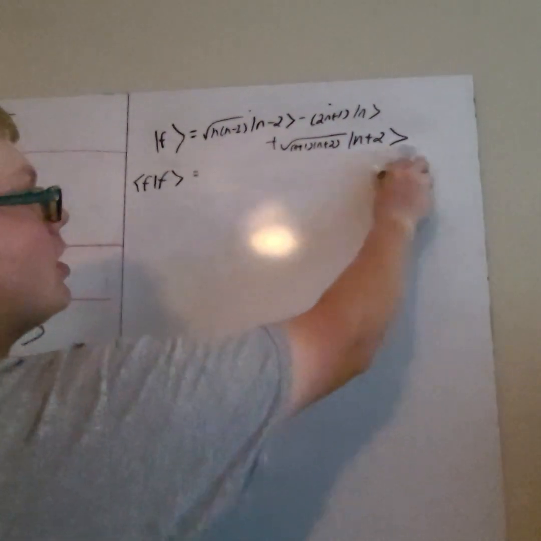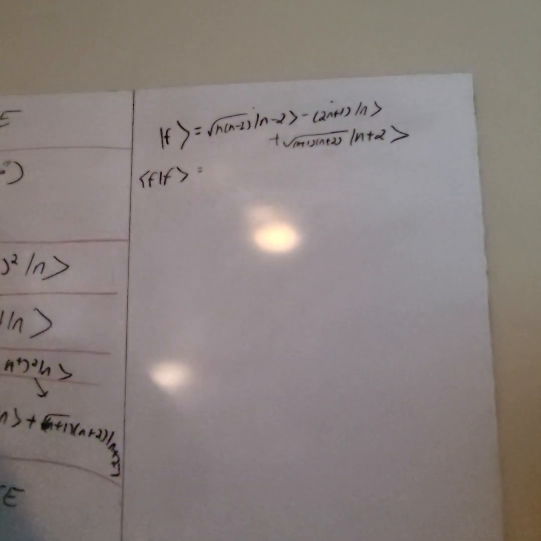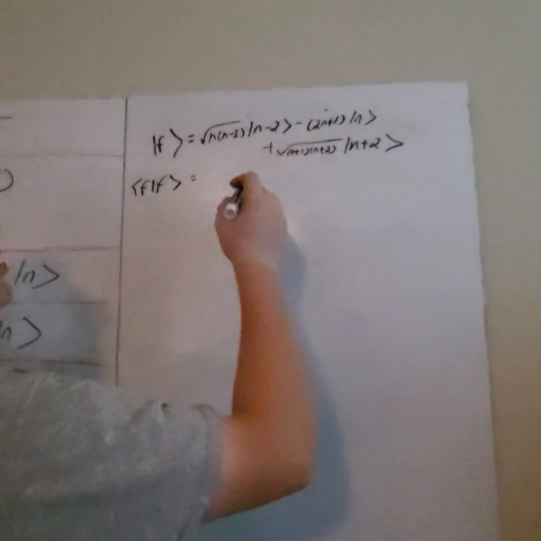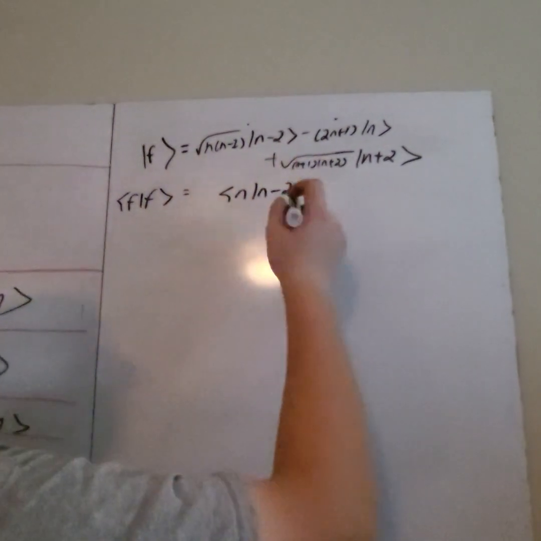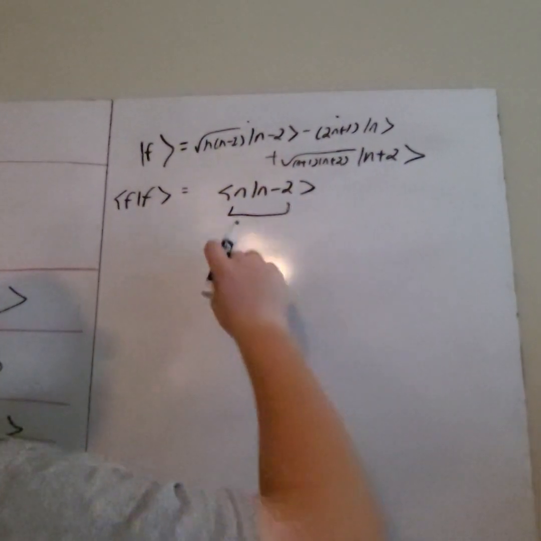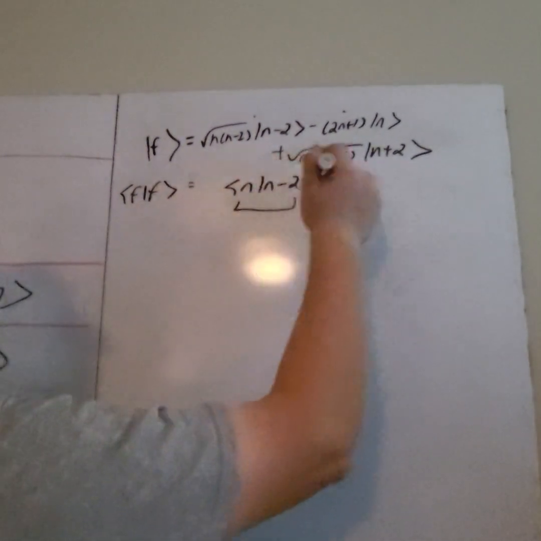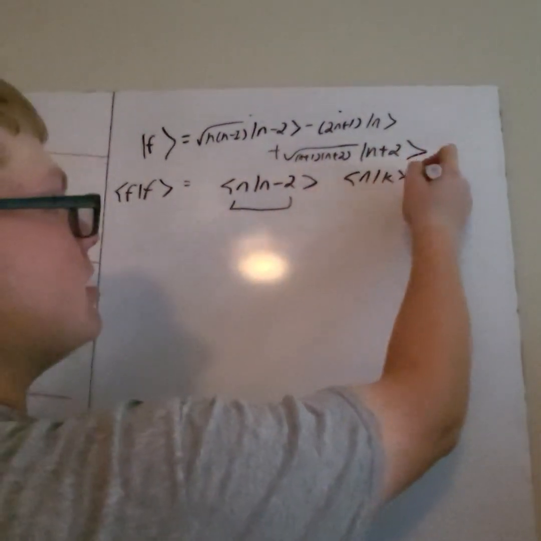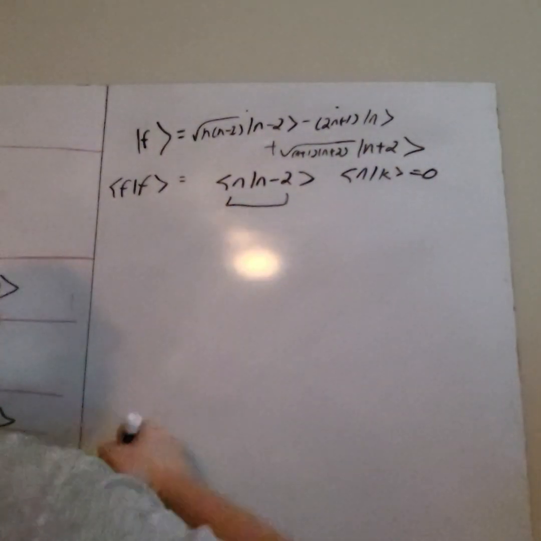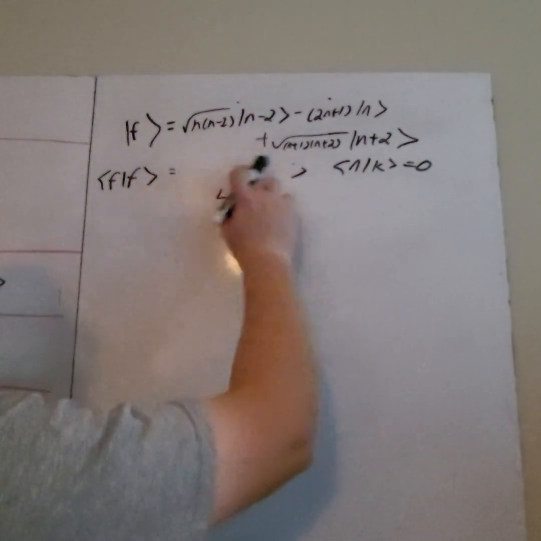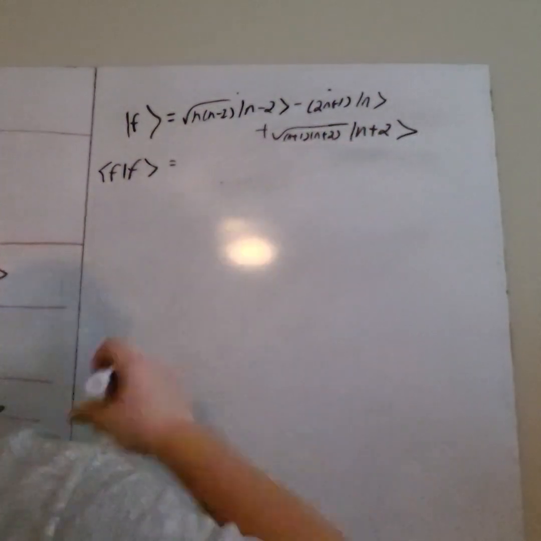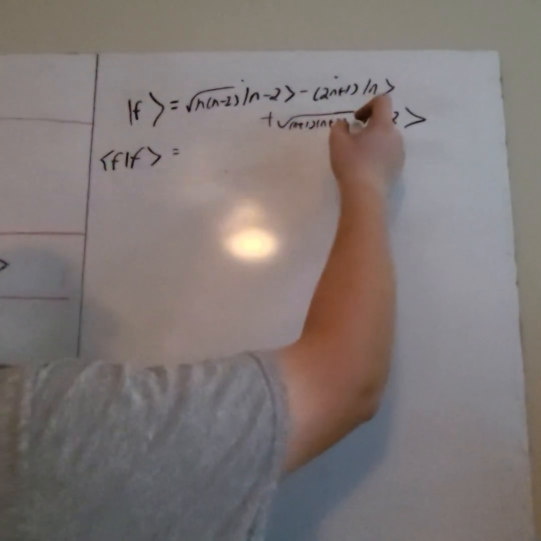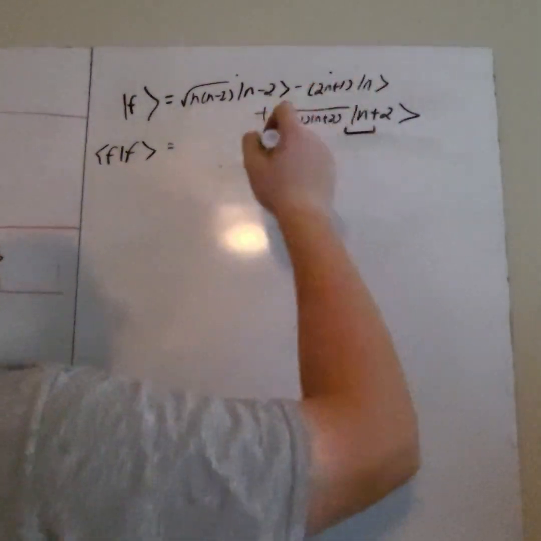But a lot of the terms are of the form, for example, n minus 2 with n. Well, those are two different states, and when you take their inner product, because they're orthogonal, those are going to be 0. So the only terms in this product that we're going to be concerned with are the ones that are this times itself, basically.